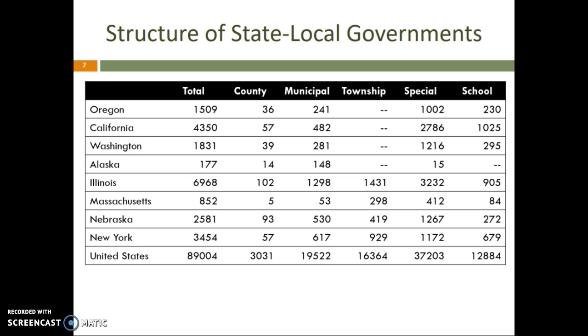For example, Multnomah County has a drainage district. This is a district that governs where the drainage water goes, and also governs the levee system that protects Portland from flooding from the Columbia River.